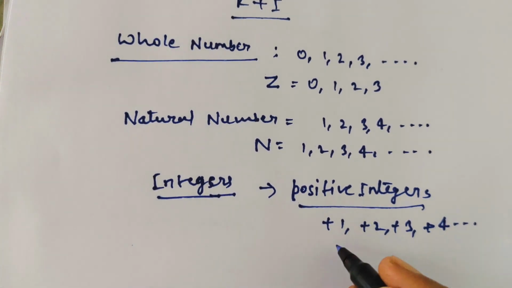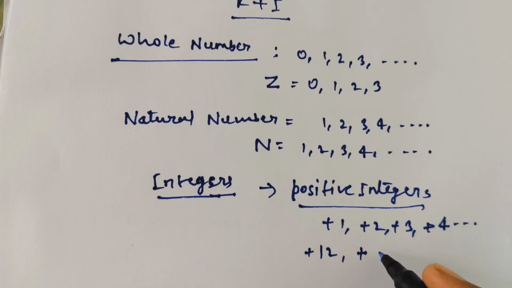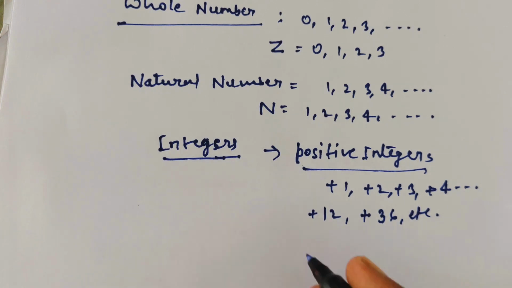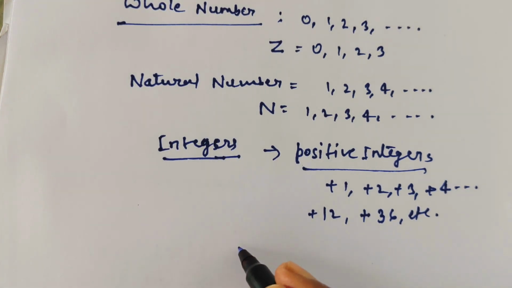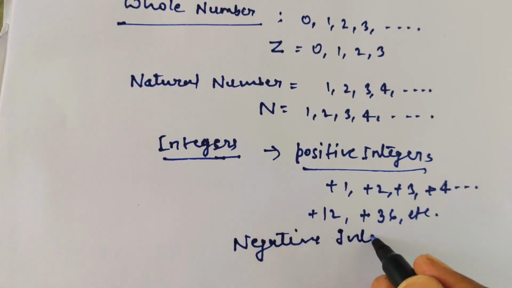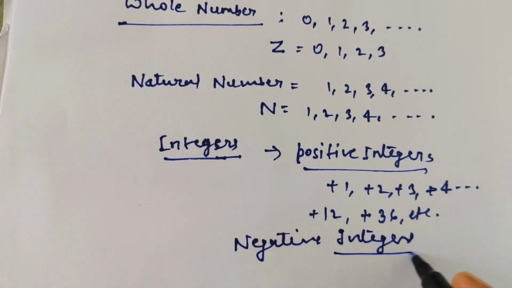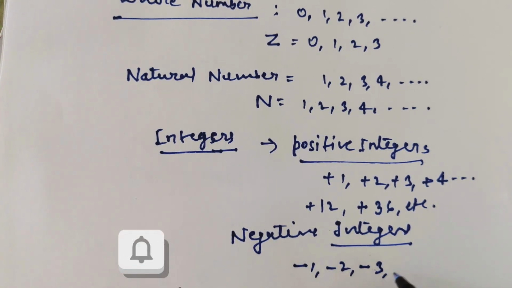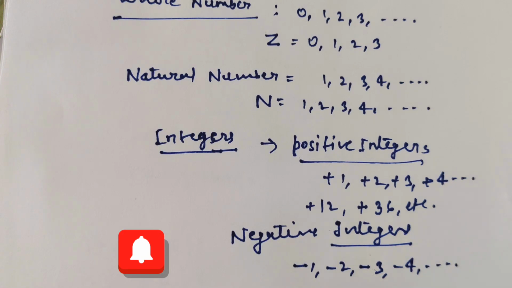You can also take bigger numbers like +12 or +36. All these are positive integers. The second type is the negative integers, like -1, -2, -3, -4, and so on. These are called the negative integers.